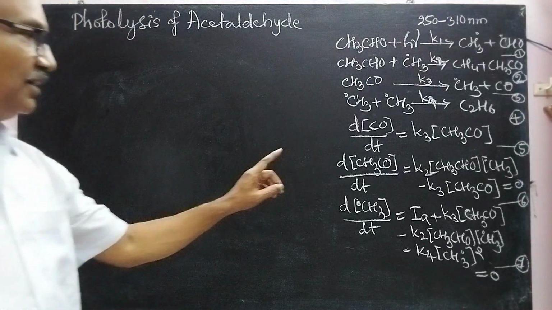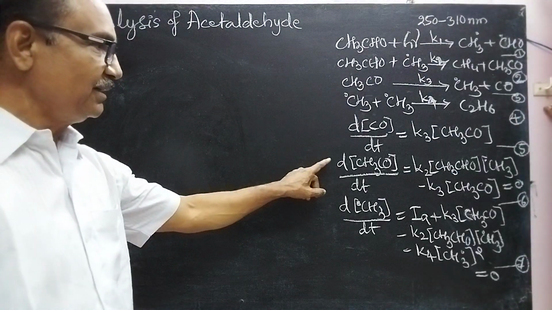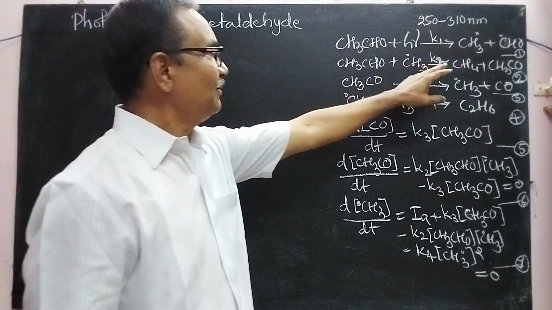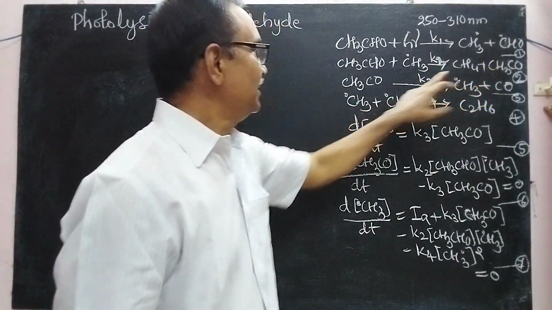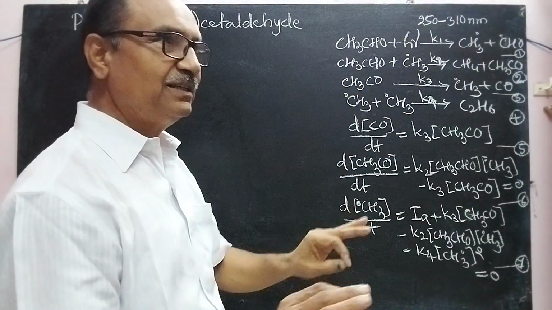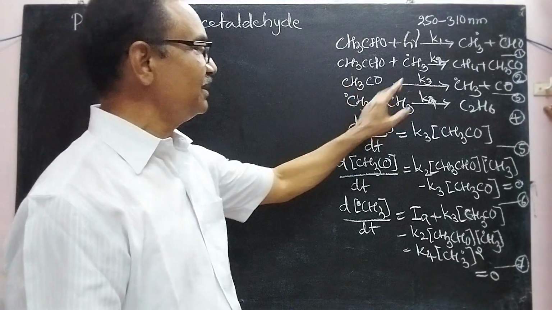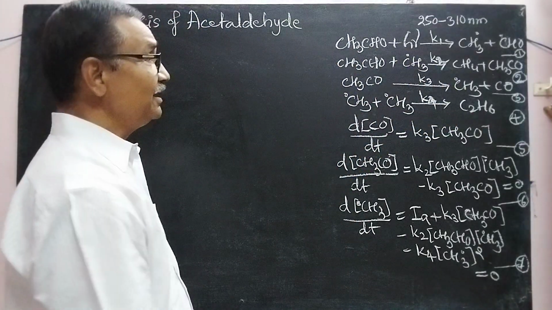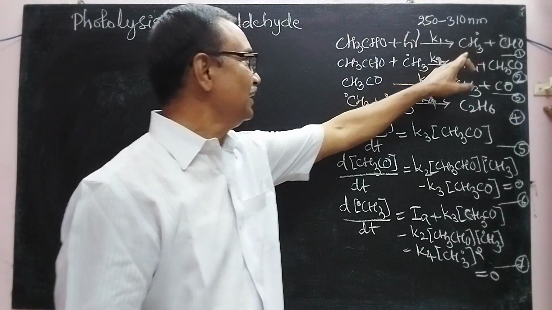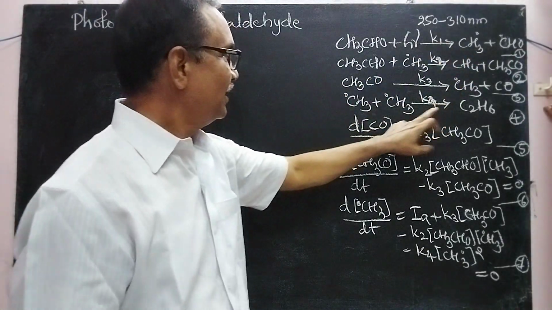It means if we apply the steady state principle to the overall system, whatever amount of this intermediate is formed, it is consumed by this reaction. The total concentration at a particular stage remains constant. Similarly, at a particular stage, the methyl free radical is formed here and here also.